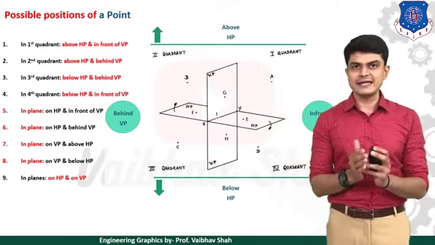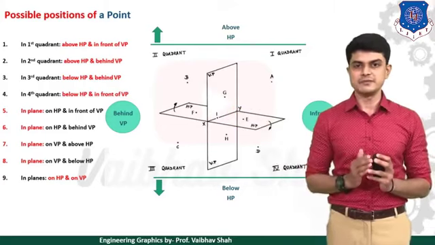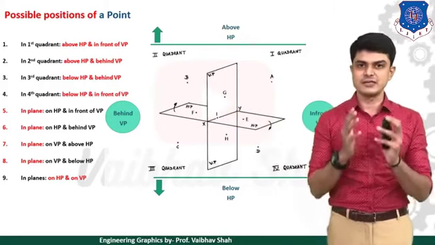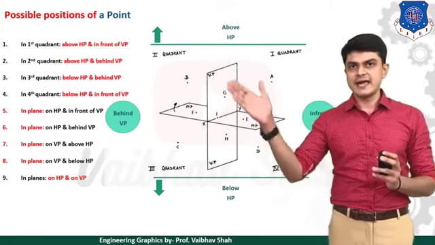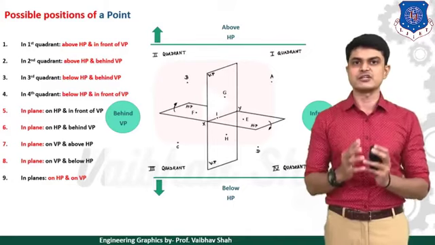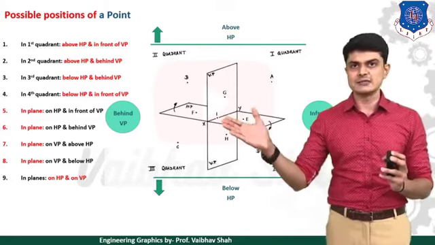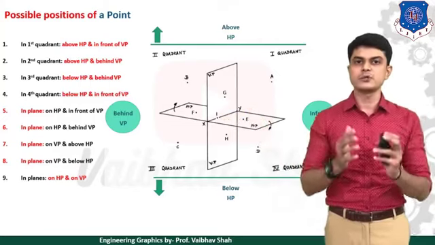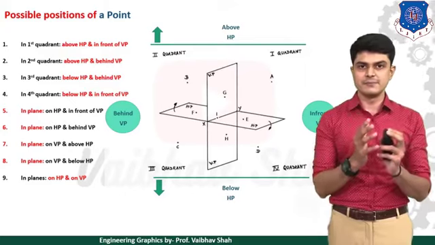Point H is on VP but below HP. And then let us define the last point, which is on HP and on VP. That means you can also say it is on the intersection of HP and VP. So point I is on HP and also on VP. These are the total 9 possible points available.